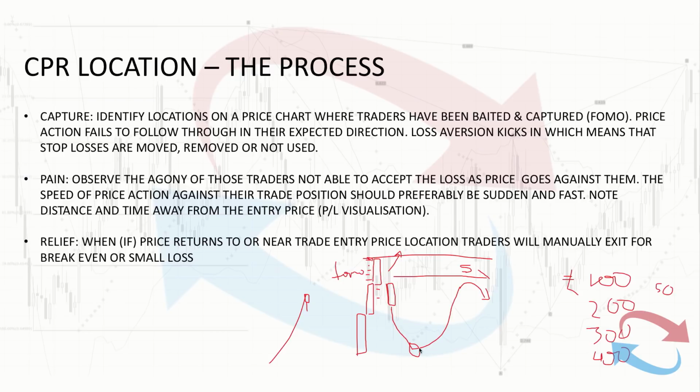The speed and distance away from a level and the time away from the level adds to the agony and the pain. And then when the relief phase comes, when or if price returns to or near their trade entry location, traders will manually exit for a break even or a small loss, and this is where we will take advantage.